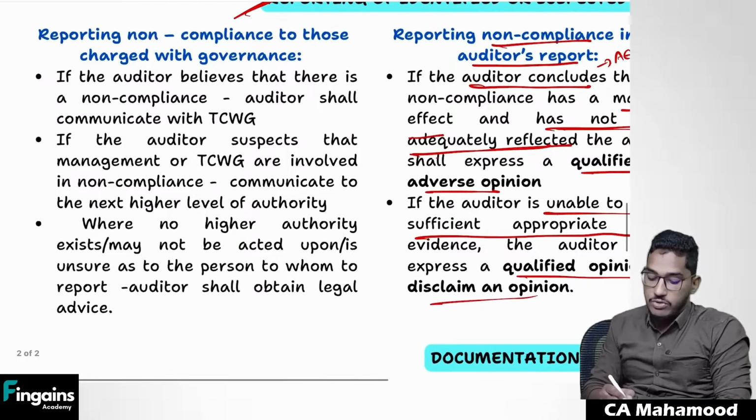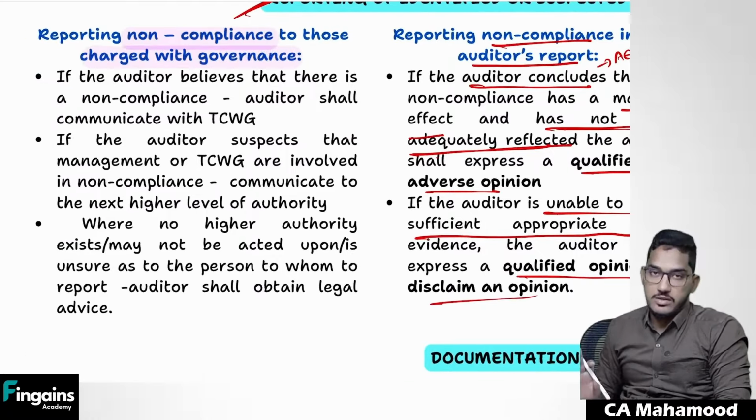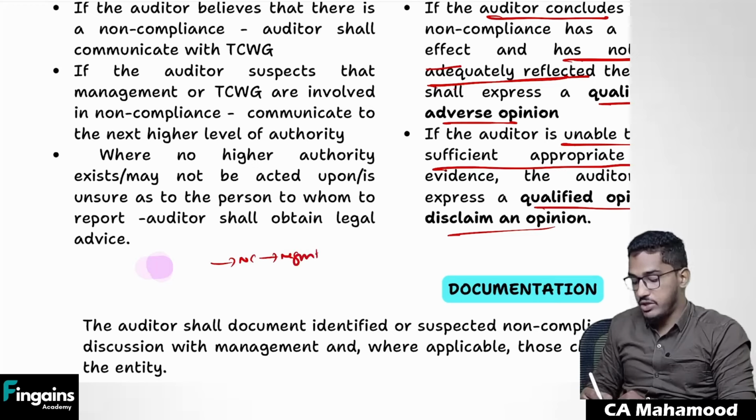In addition to that, you have to report whatever non-compliances you have found to those charged with governance. So that's what they're telling. Before you modify your opinion, you should also communicate with management and those charged with governance. If you find any non-compliance committed by the management, you will go and report to those charged with governance.